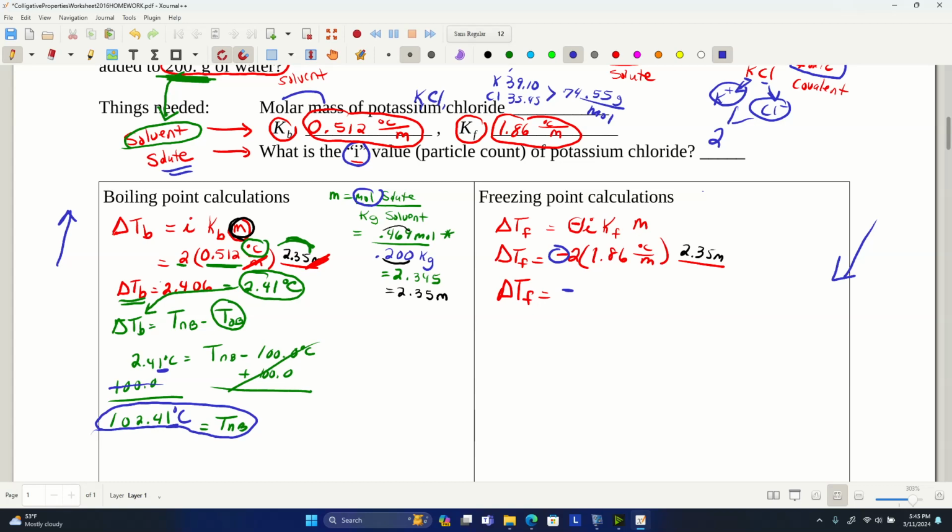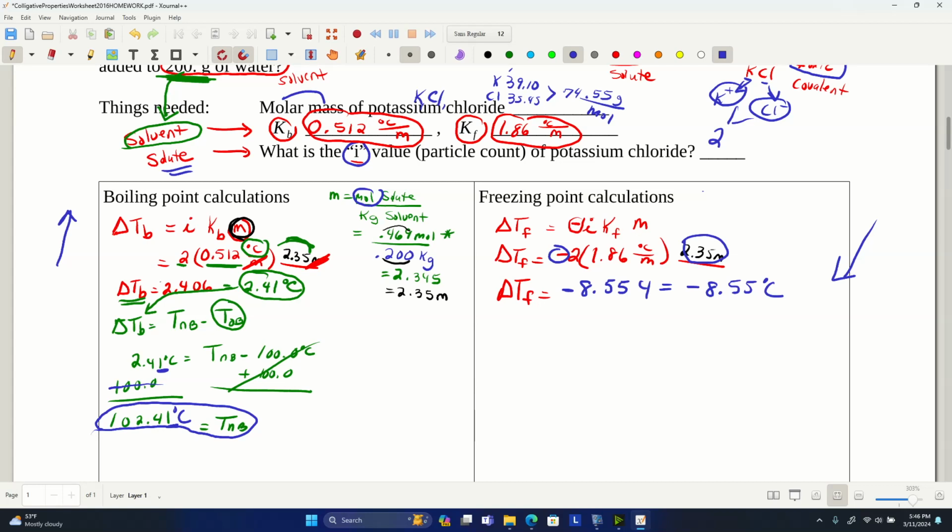Yeah, we get a negative 8.554. And then look at sig figs. This has 3, so a negative 8.55 degrees Celsius.